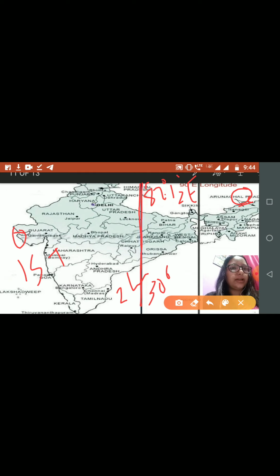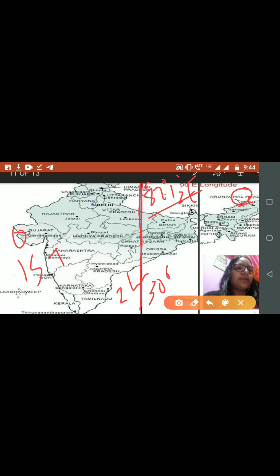This is at 82.5 degree east longitude, so that we can cover the difference of 2 hours in the two ends of the country, which is 5.5 hours ahead of Greenwich Mean Time.